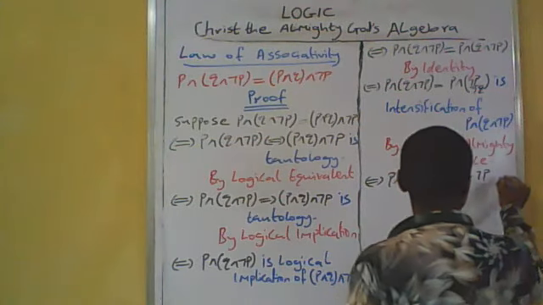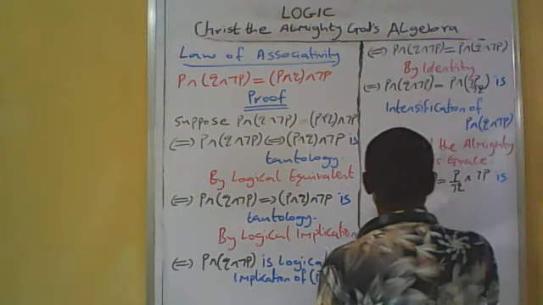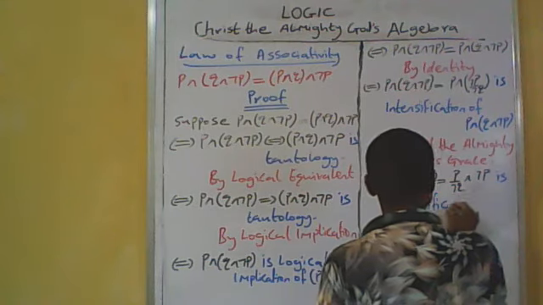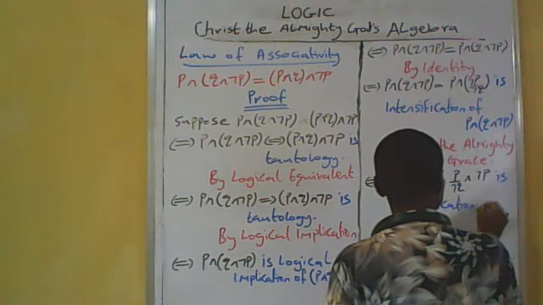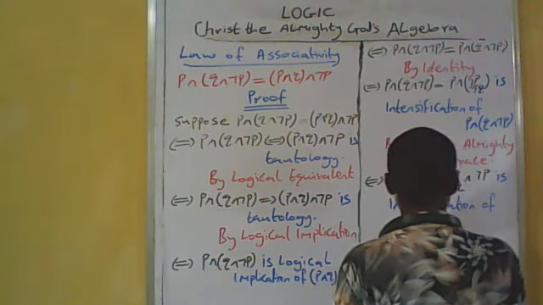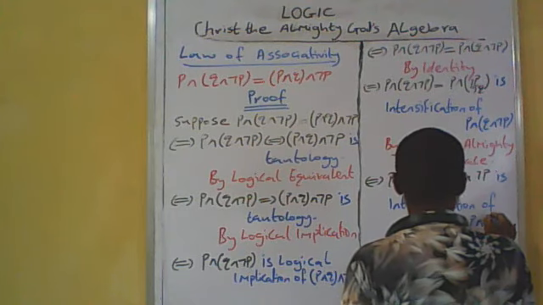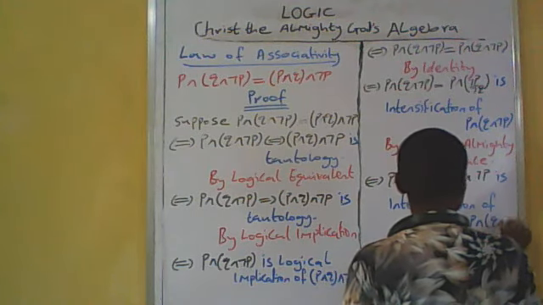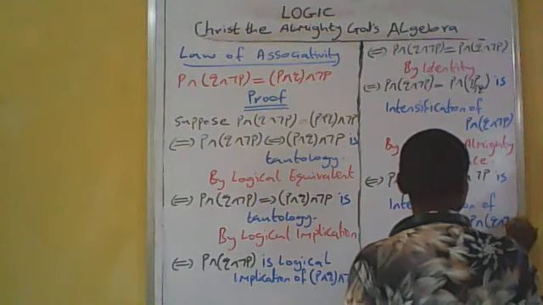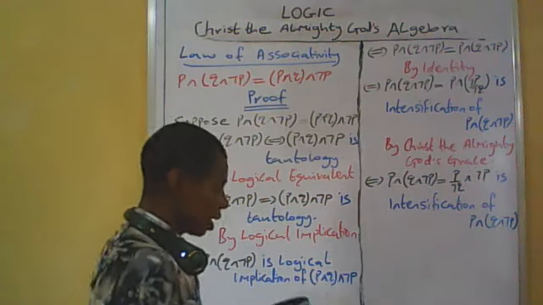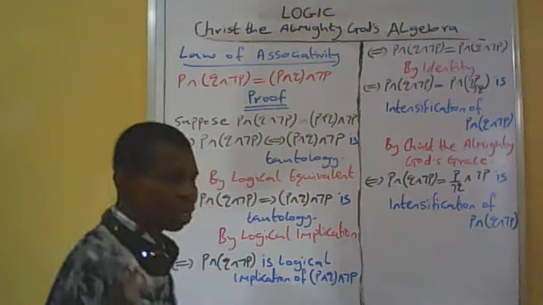Say is intensification of P and bracket Q and not P, being justified by the sort of implication.